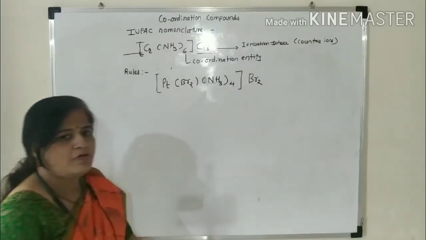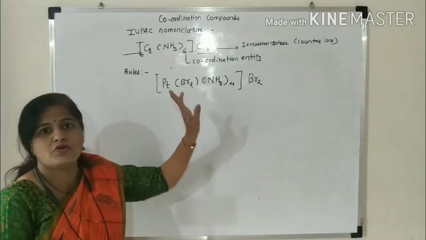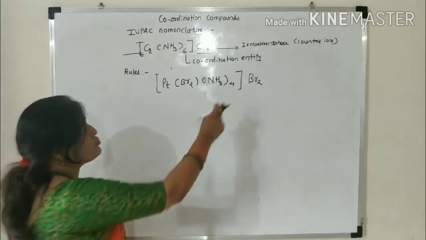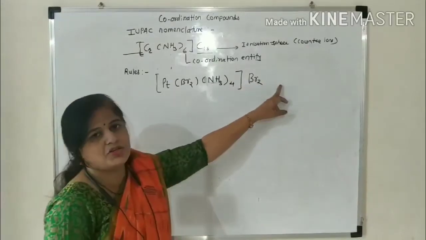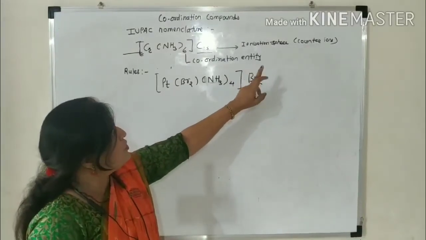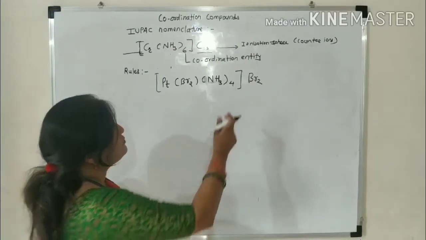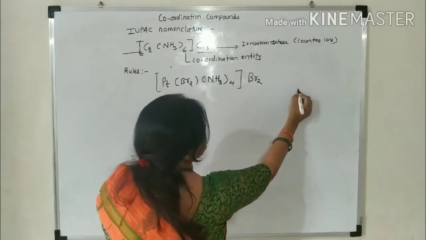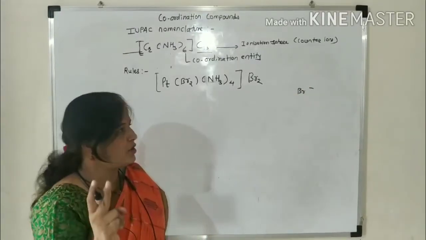Then first you have to know whether the coordination sphere is positively charged or negatively charged. Here bromide is the counter ion. These are the counter ions that are negatively charged. Now, how much charge is present on the bromide? One bromide carries how many charge? -1. 2 bromides carry 2 negative charges.